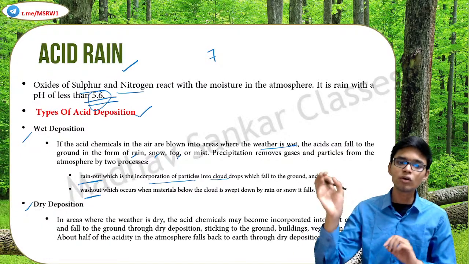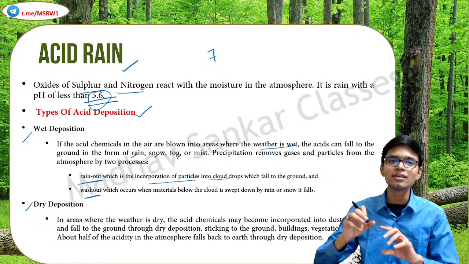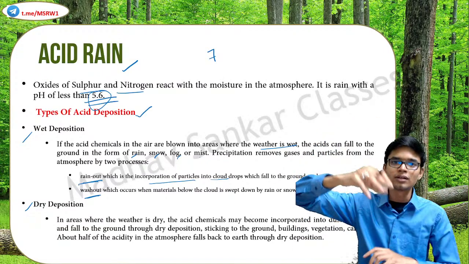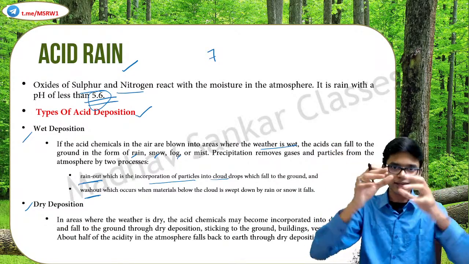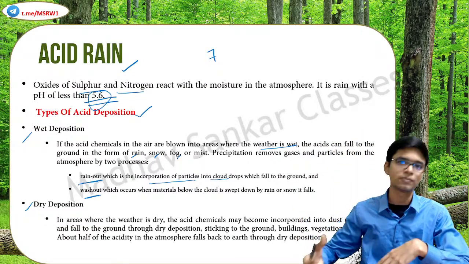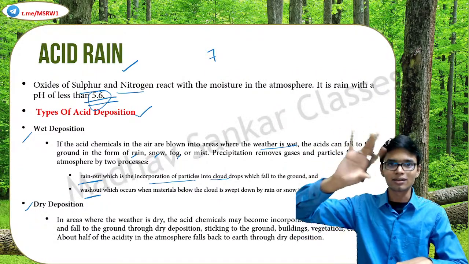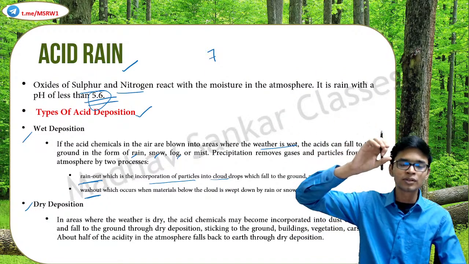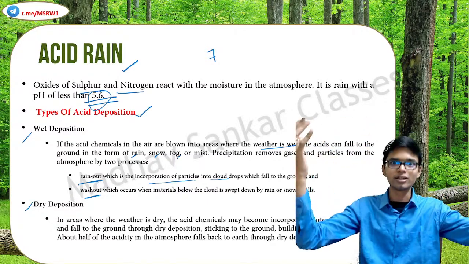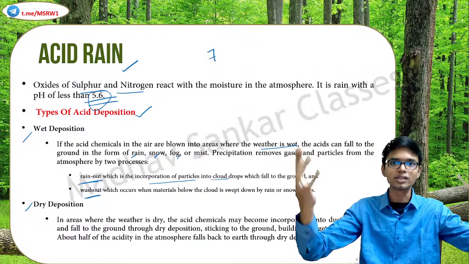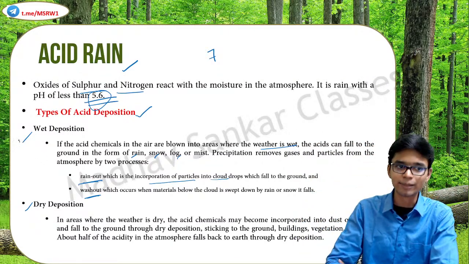Washout means they won't get incorporated into the cloud, but instead, when the rain actually falls down, these particles present in the atmosphere get absorbed or dissolved in the rain and come out. So this is washout. First one is rain out, which means the particles are absorbed in the cloud. Second one is washout, which means the rain coming down will wash the atmosphere and dissolve all these gases and come down. So these are the types of wet deposition.